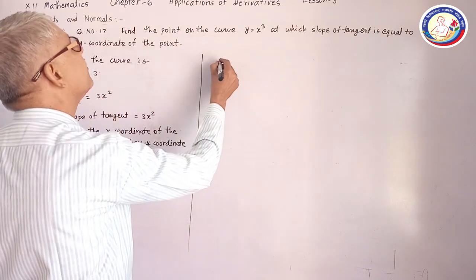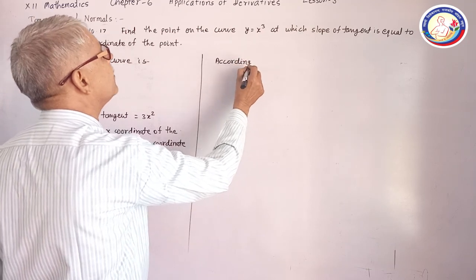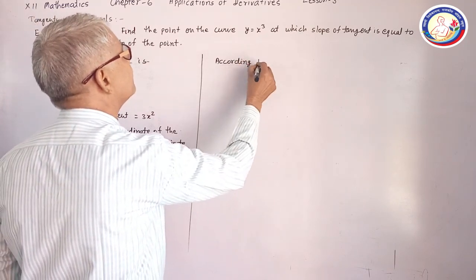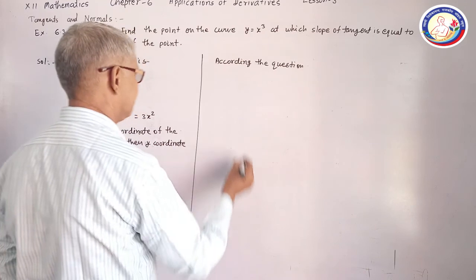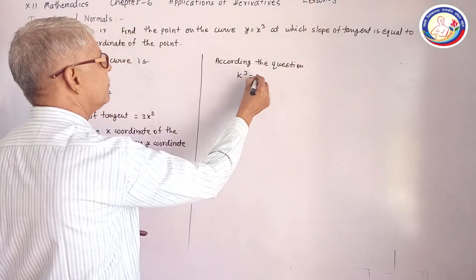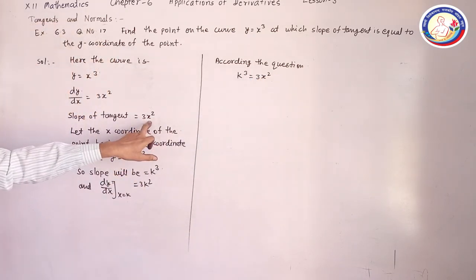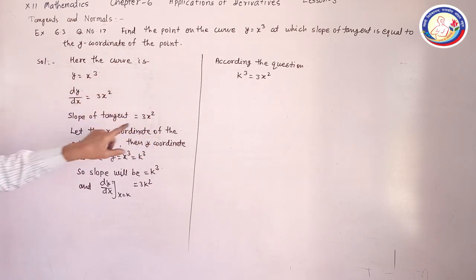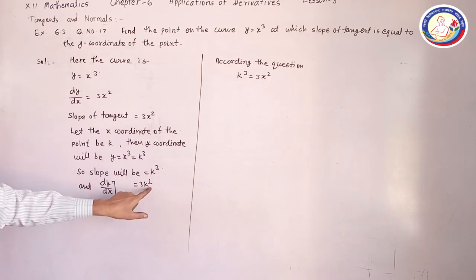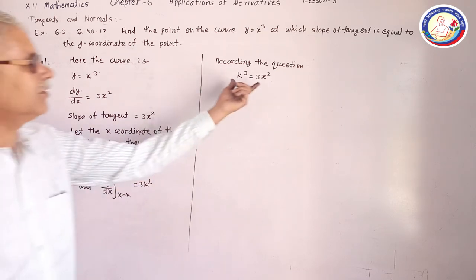So as given in the question, k cube is equal to 3k square, because this is the slope we found by derivative. This is 3x square, so 3k square is the slope at point where x is k, and its y coordinate at x equal to k will be k cube. So both are equal.